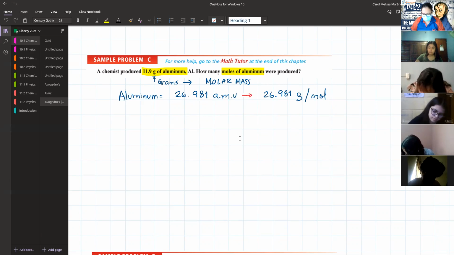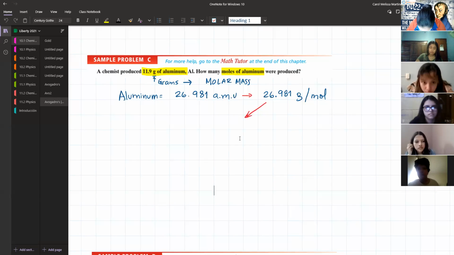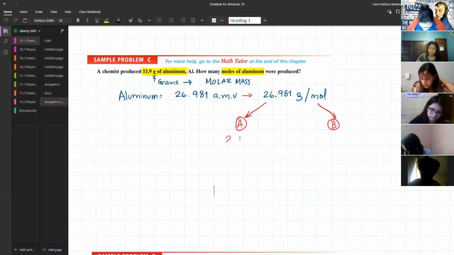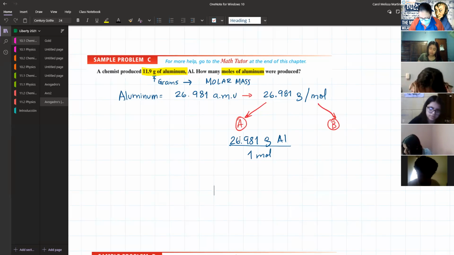And there are two ways to express it, like A or like B. So you say that there are 26.981 grams of aluminum over 1 mole of aluminum.